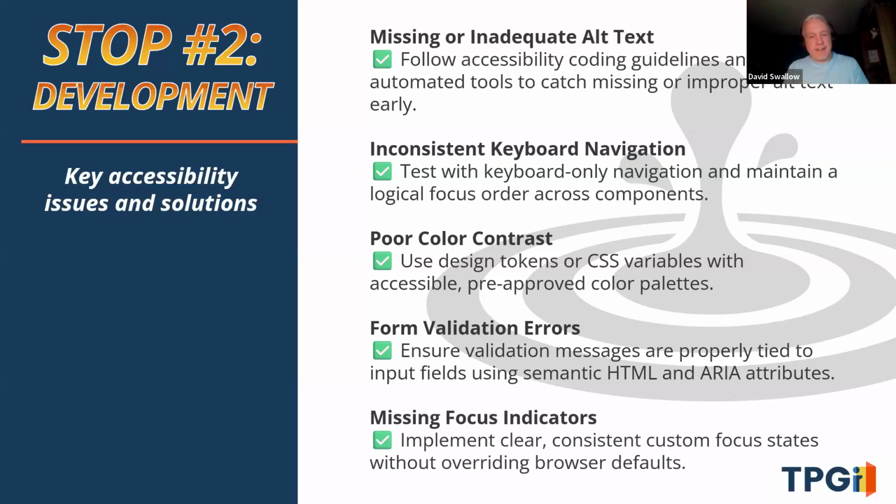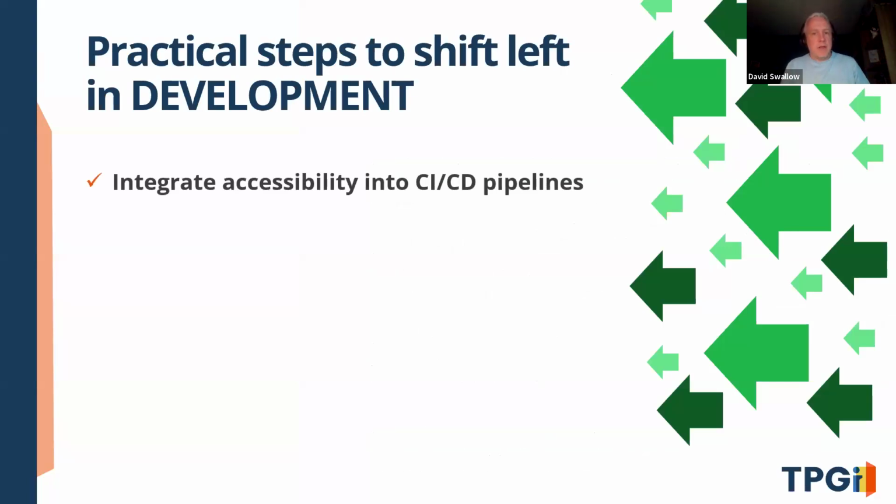The ripple effect is that testing teams might struggle to identify and validate accessible focus states, delaying issue resolution and increasing rework. So what should happen? Developers should ensure custom focus states are clearly visible and consistently applied across all interactive elements. So that's how our recurring issues can be addressed at development.